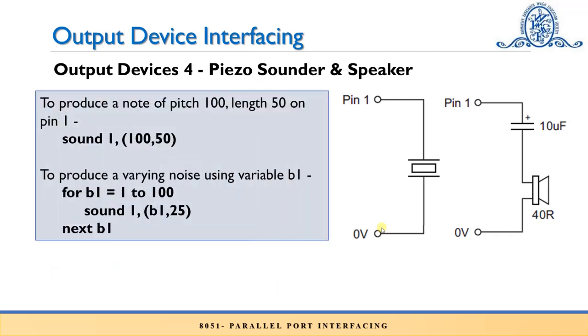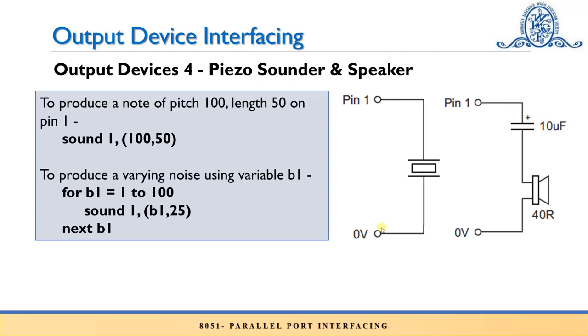This is the simple logic which shows that if I have to produce a note of pitch 100 and length 50 on pin number 1, then I can just write the command sound 1, (100, 50). 100 is the pitch, 50 is the length.